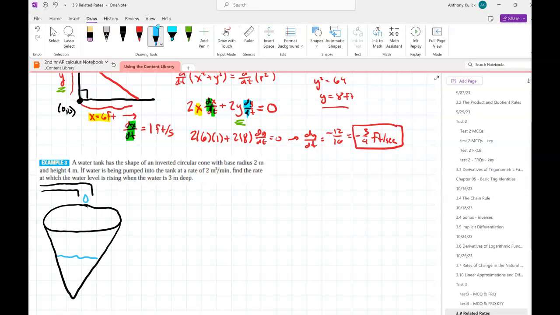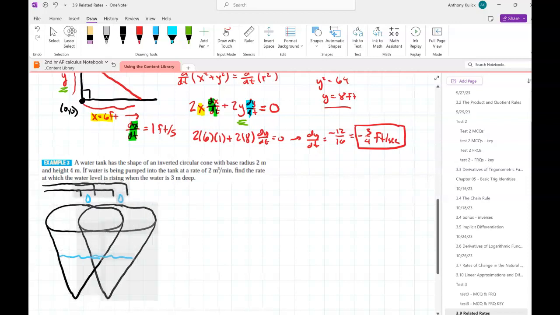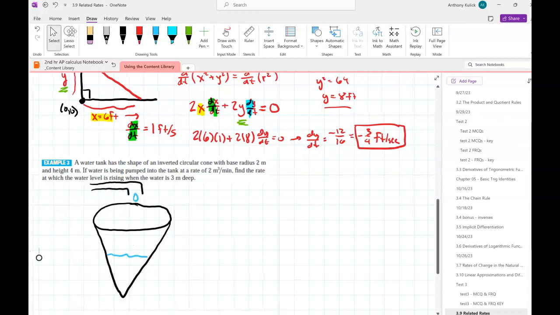So there's your water coming in, right? And I did the same dumb thing I did last time where I put it right at the edge of my paper.